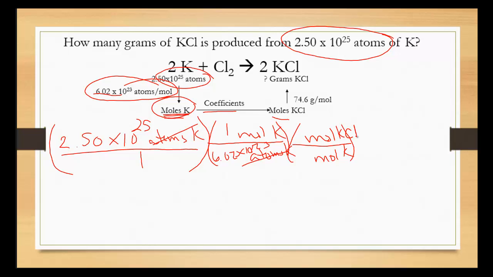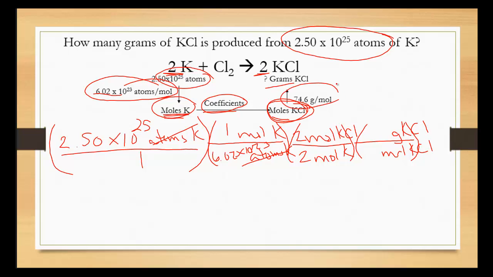To go from one to the other, we're going to use coefficients. So the number with K is 2, the number with KCl is also 2. We are right here in our plan now. We need to go from moles to grams. So we're going from moles of KCl to grams of KCl. To do that, we're going to use the molar mass.